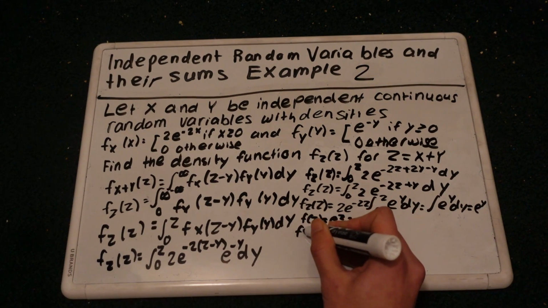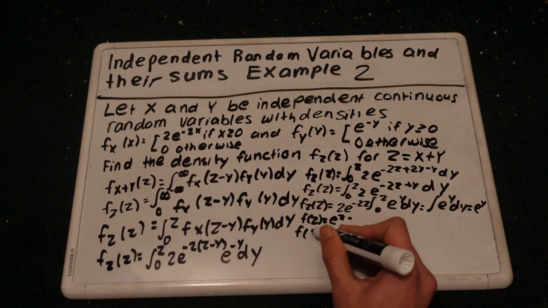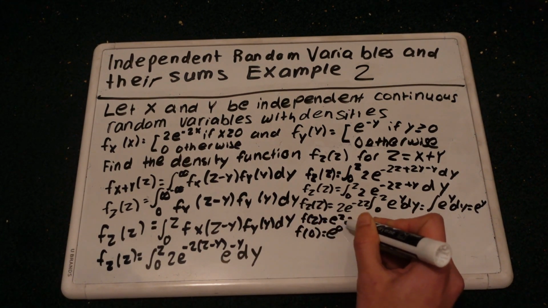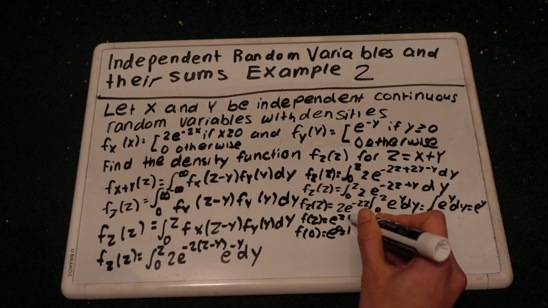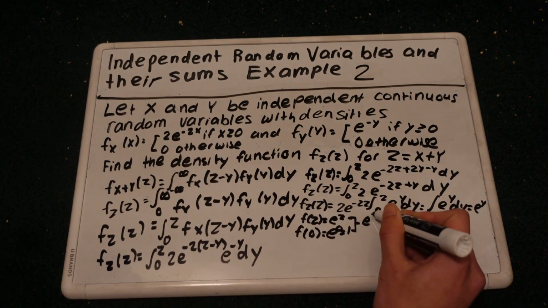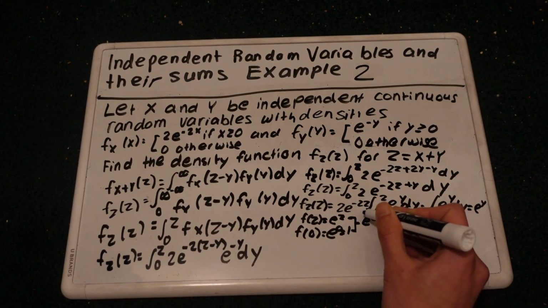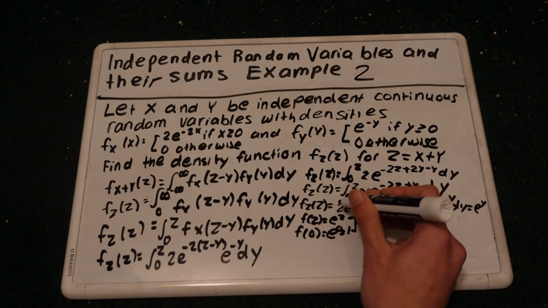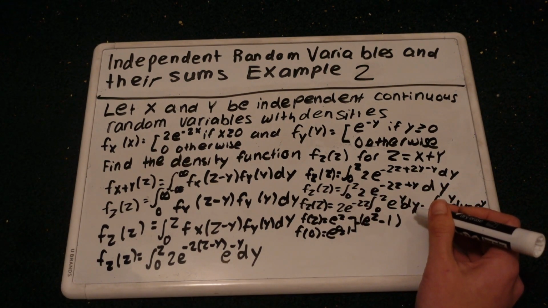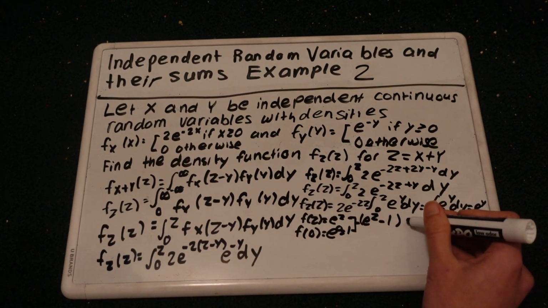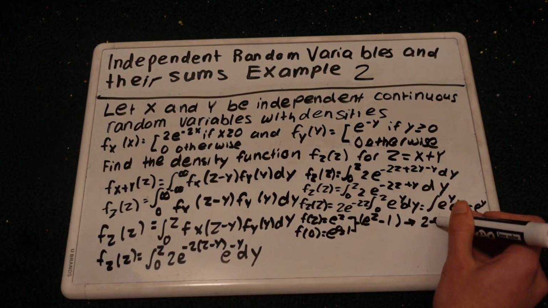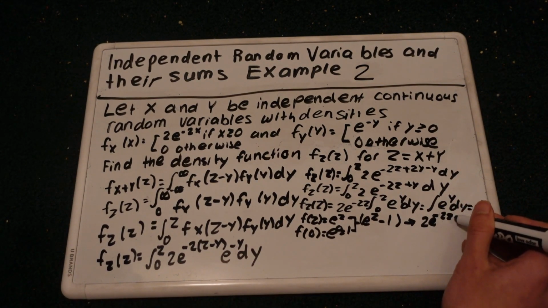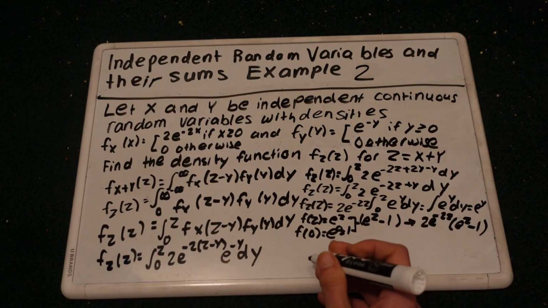And also plugging in 0, we get e to the 0, which is just 1. So we take these two, it's e to the z minus 1 times whatever's left, which is 2e to the negative 2z. So in other words, this would be 2e to the negative 2z times (e to the z minus 1).